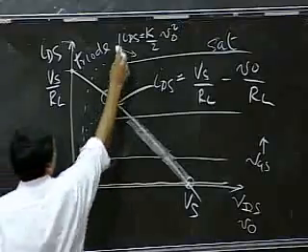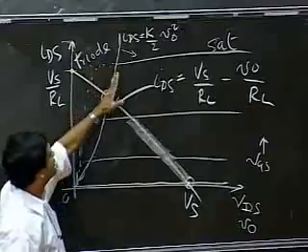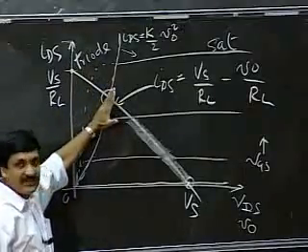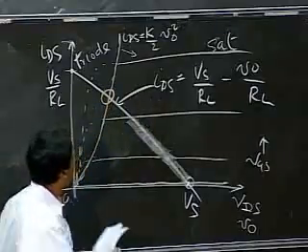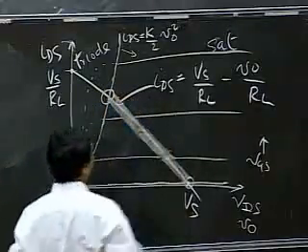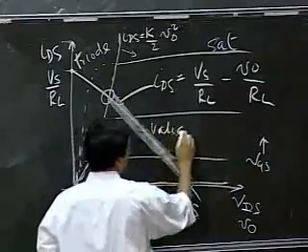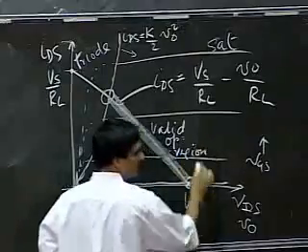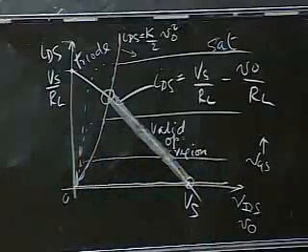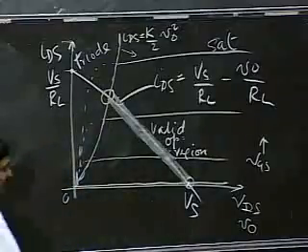So notice that this is the curve that bounds. On the left-hand side of this, the MOSFET is no longer in saturation. It's on the right-hand side, and so therefore, this is the valid operating region, here to here. So this is good.